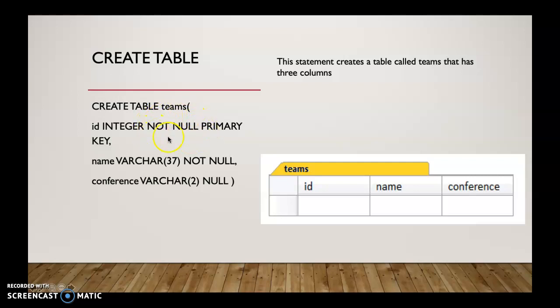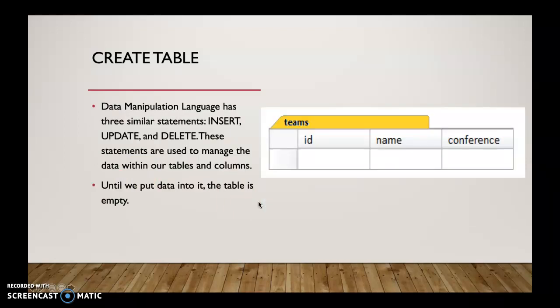This is a special property, and primary key. And the same goes with name. This is the name of the new column. Varchar is another property of this name, it's for words, and not null. And so we go on and on.